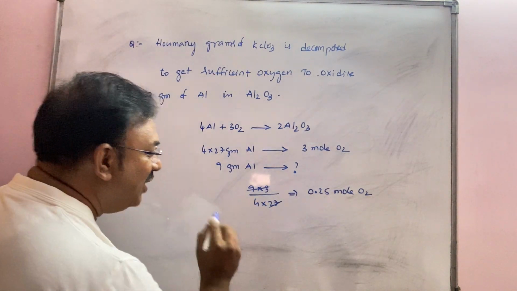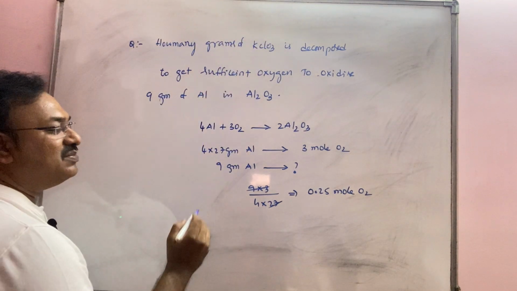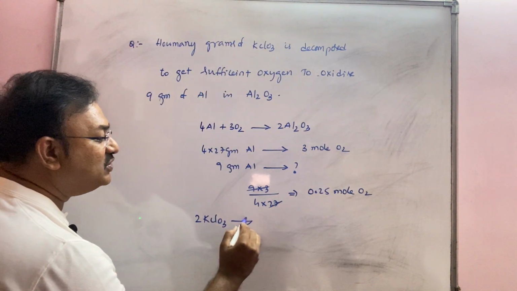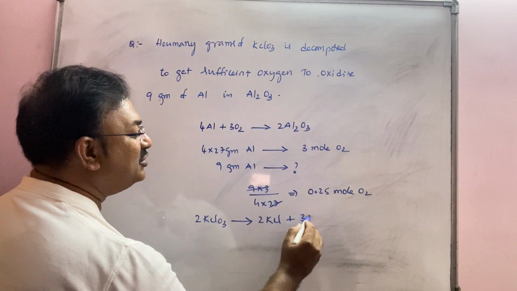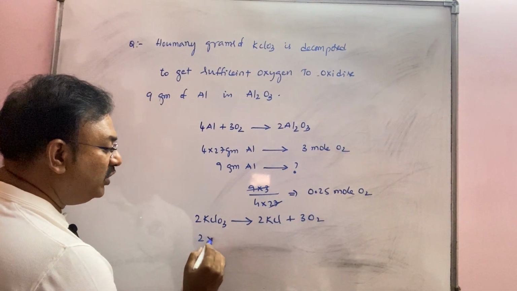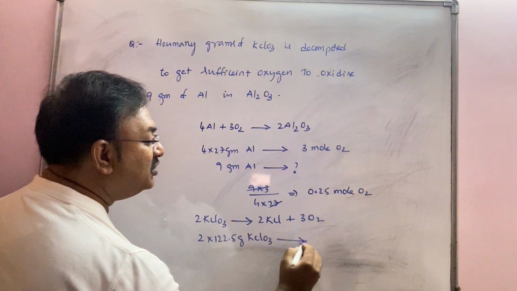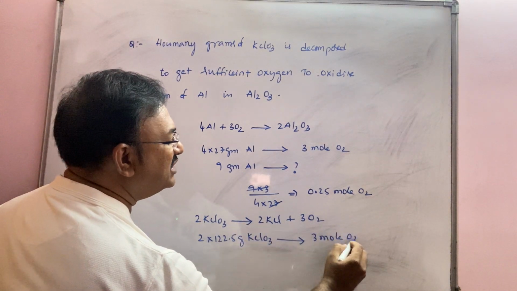Now you have to go through this potassium chlorate decomposition. 2 KClO3 gives rise to 2 KCl plus 3O2. So 2 into 122.5 grams KClO3 on decomposition gives 3 mole oxygen.